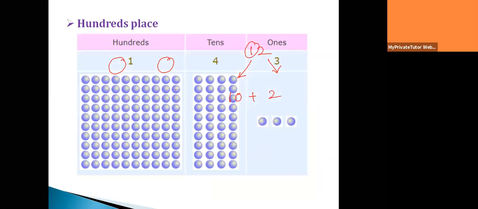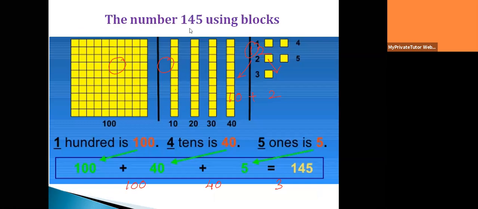Here they have taken 143. The place value of 1 would be 100. The place value of 4 would be 40. The place value of 3 would be 3. So the total would be 143. Let's take one more example. You can see here the number 145 using blocks.